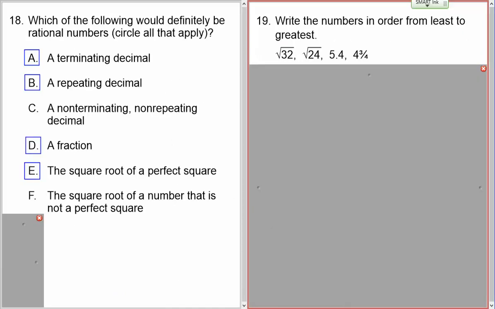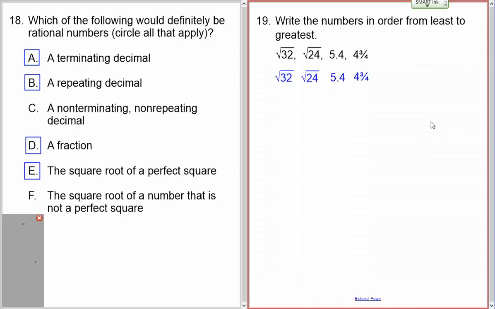And lastly, we're going to rewrite these in order here, okay? Well, just to kind of get things straight, from least to greatest, 4 3/4 is smaller than 5.4. The question is, and I know the square root of 24 is less than the square root of 32.